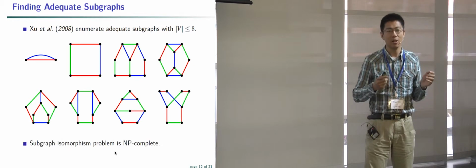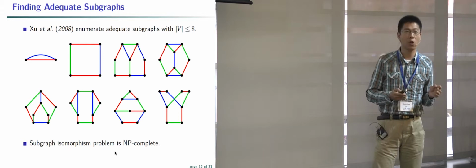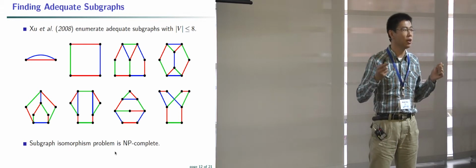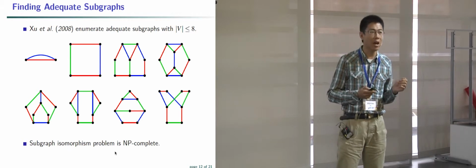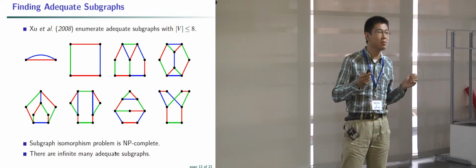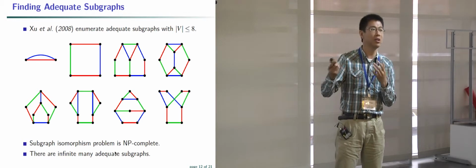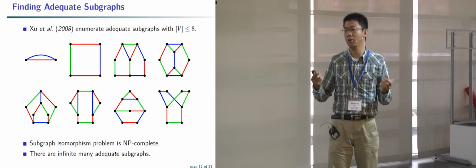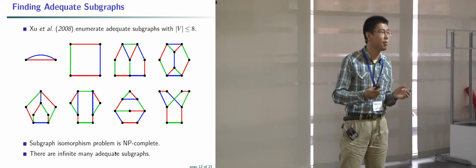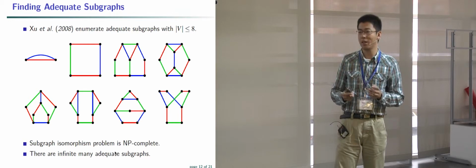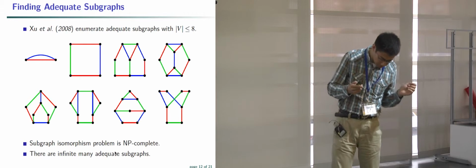But we know that the subgraph isomorphism problem is NP-complete, so this limits us to only very small adequate subgraphs. On the other hand, there are infinitely many adequate subgraphs, but the pool can only contain a limited number. So it is possible that the whole graph contains some adequate subgraph that is not in the pool. So it seems that this is not a perfect solution.